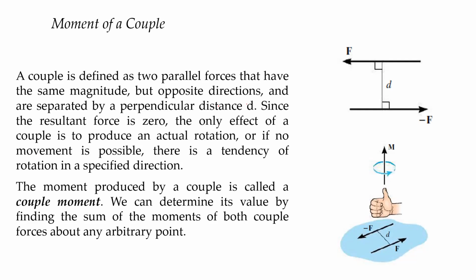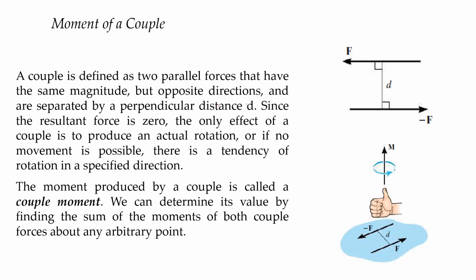So the requirements are that they have the same magnitude, they act in opposite directions, and they have a perpendicular distance that separates the two. Those three are the requirements for forces to be considered a couple.